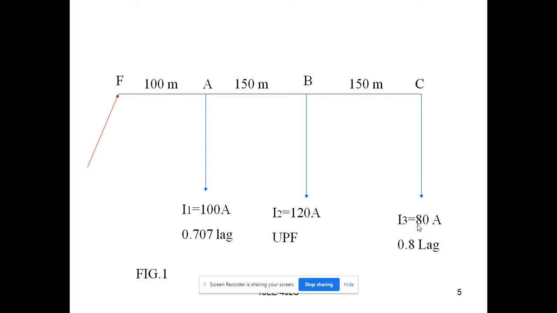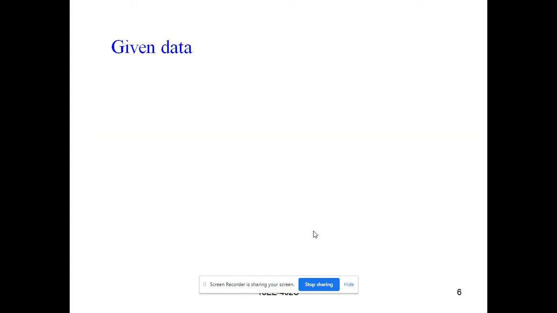This diagram we have to keep in mind so that the solution will be easy.